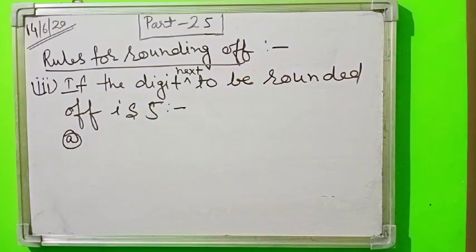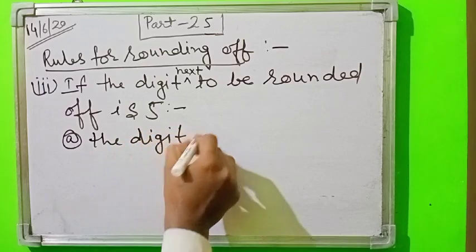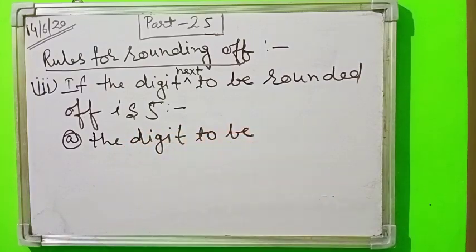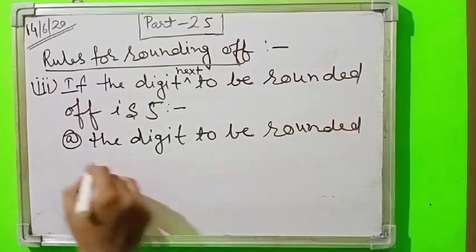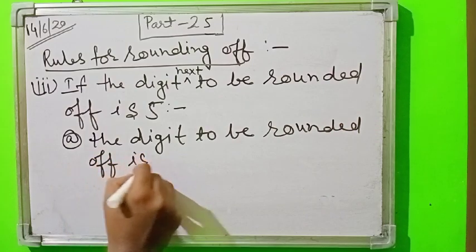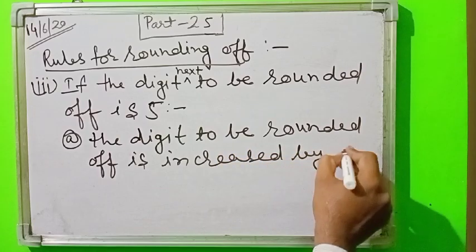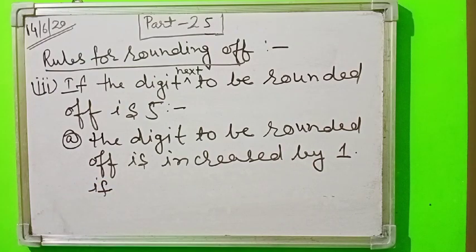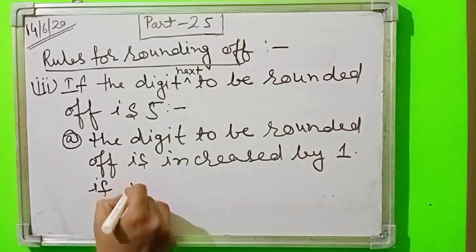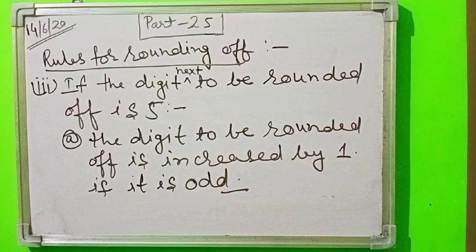The first one is when the digit to be rounded off is increased by 1 if it is odd.